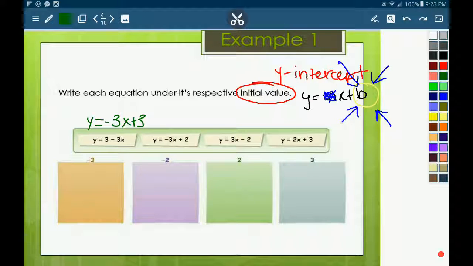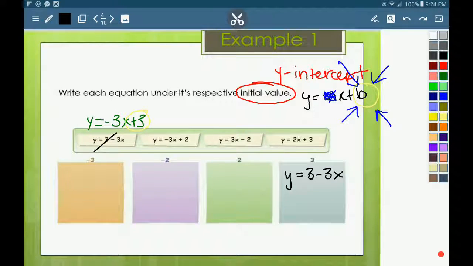I just flipped around the numbers and now it looks like y equals mx plus b, where our initial value is positive 3. So I'm going to write that equation, y equals 3 minus 3x, under the square labeled 3. That one's out of the way, we got it.